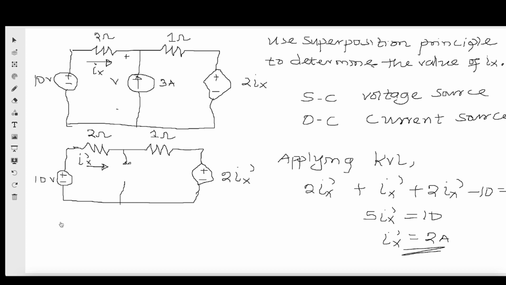So let's now short circuit the 10 volt voltage source. Short circuiting that, we have the 2 ohm resistor, then the 1 ohm resistor. Remember, this is still there.